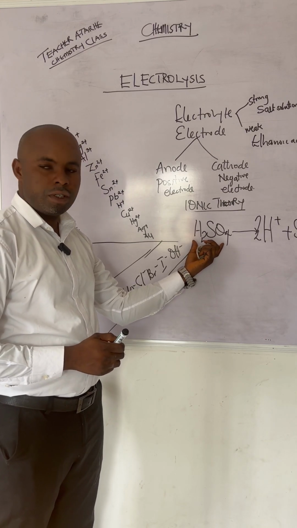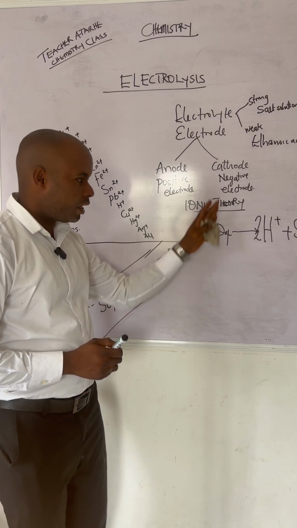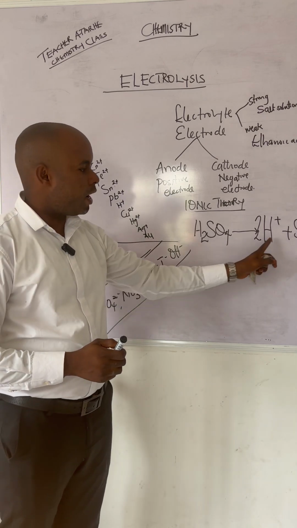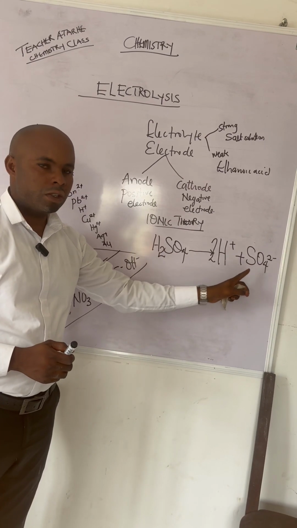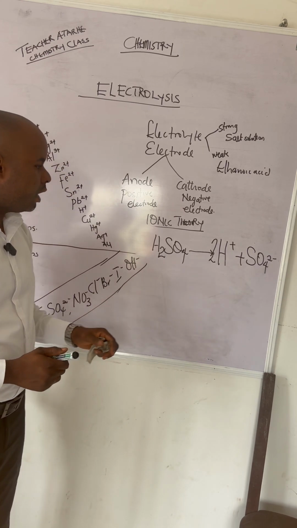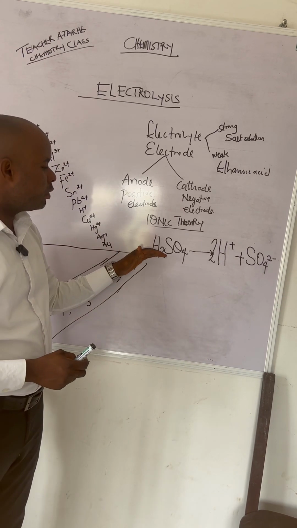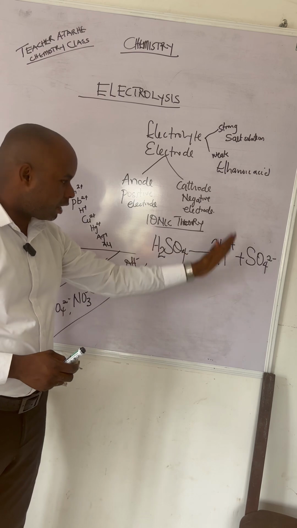When a current passes through these substances, it breaks down into two.